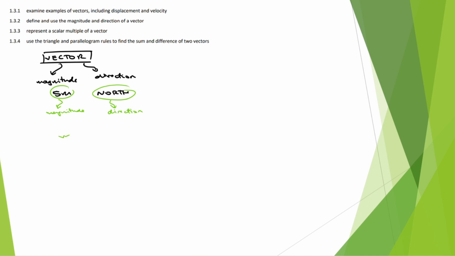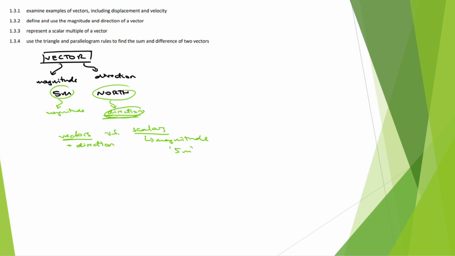Now vectors are importantly distinguished from something we call scalars by direction. A scalar only has a magnitude. So in this case, for example, it might be 5 meters, whereas vectors have a direction associated with them as well.